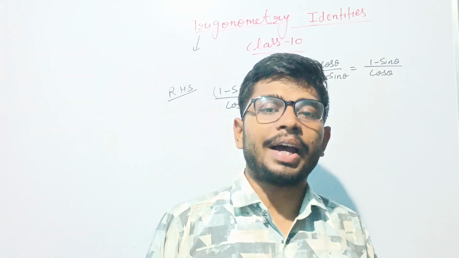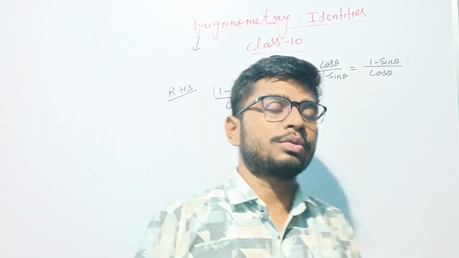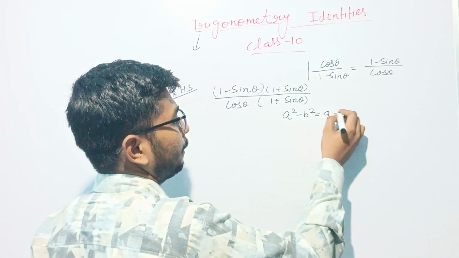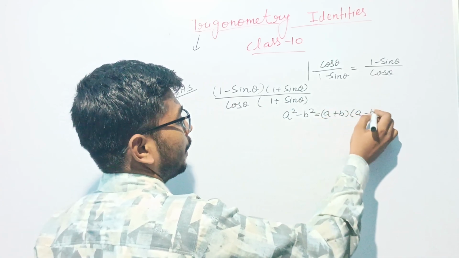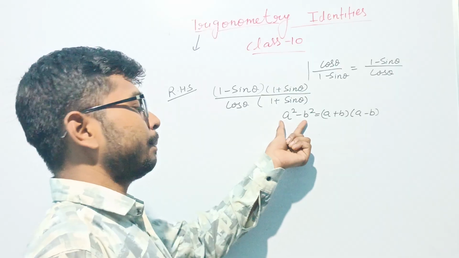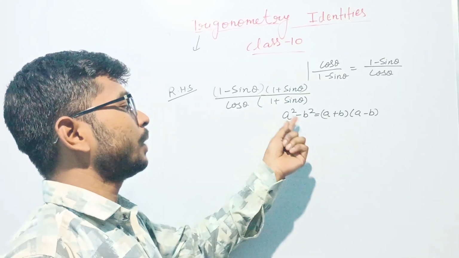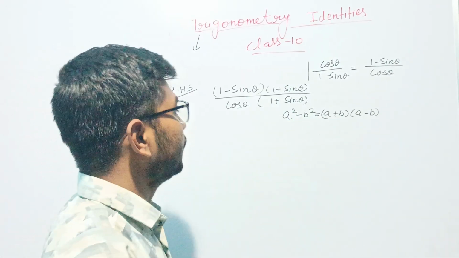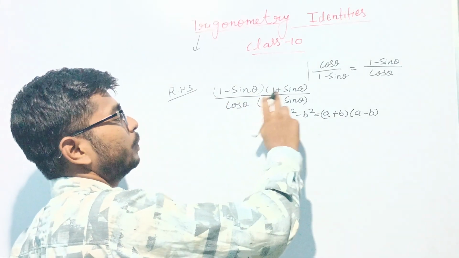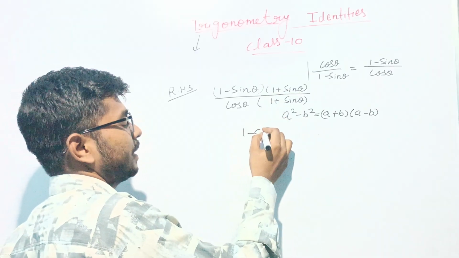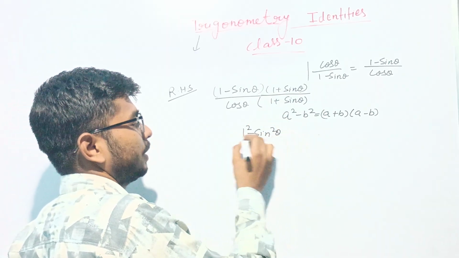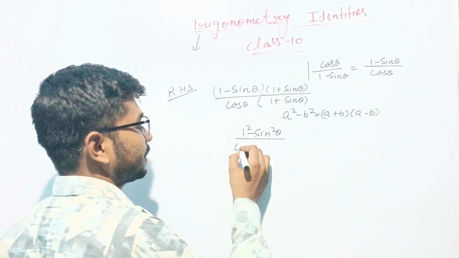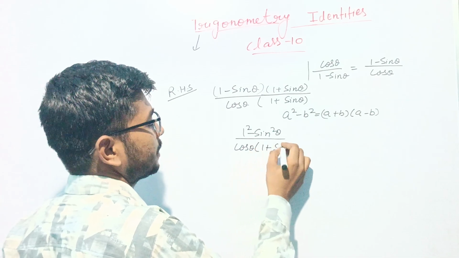Whenever you see these types of terms, you can write this, and you can change to this according to need. So 1 minus sin theta into 1 plus sin theta will be 1 squared minus sin squared theta. In the denominator we don't need to multiply inside the bracket, so we will write just as it is, cos theta into the bracket 1 plus sin theta.